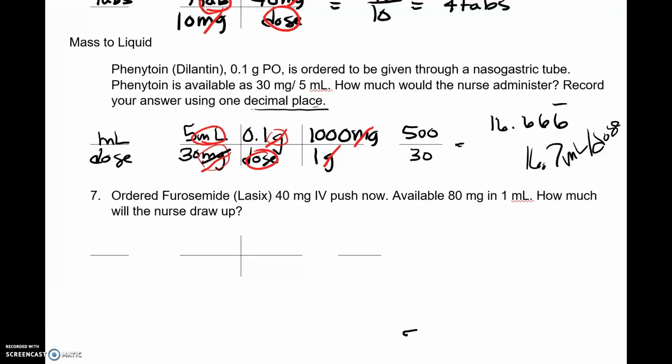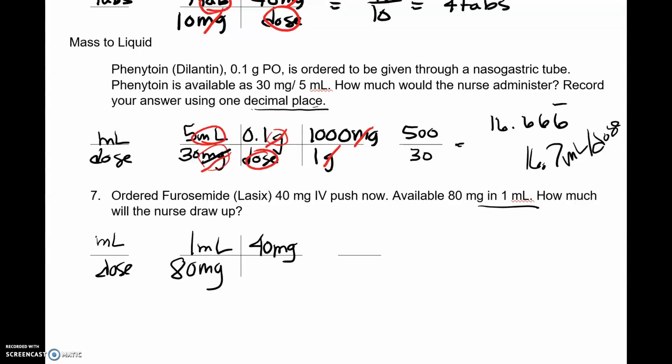And the last one ordered is furosemide, Lasix, 40 milligrams IV push now. Available is 80 milligrams in 1 mL. How much will the nurse draw up? So again, the nurse is drawing up medication, mLs per dose. Okay, and we know that 1 mL has 80 milligrams.